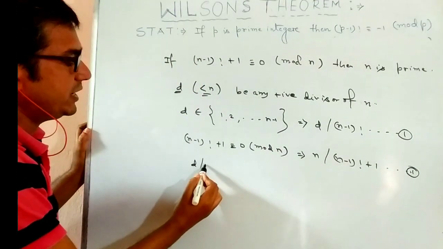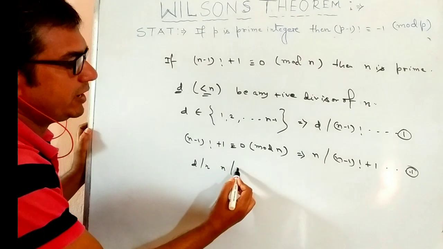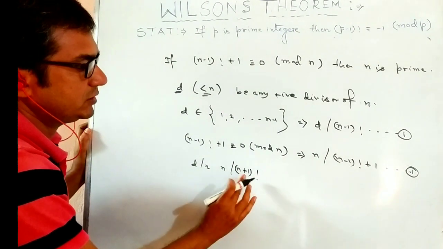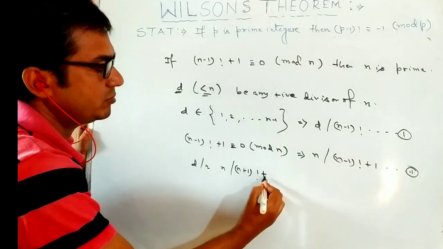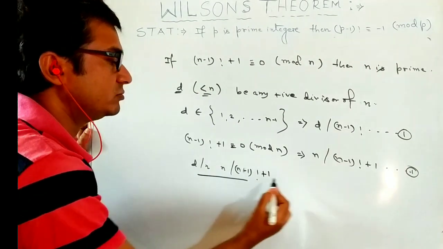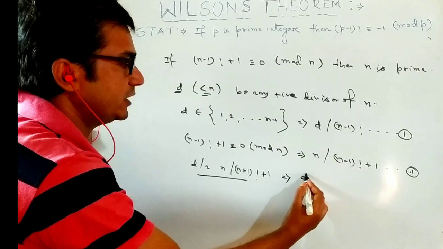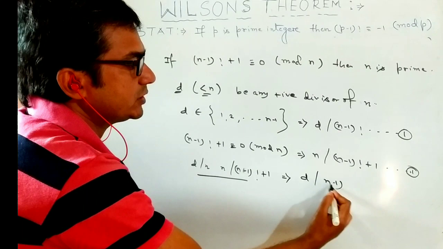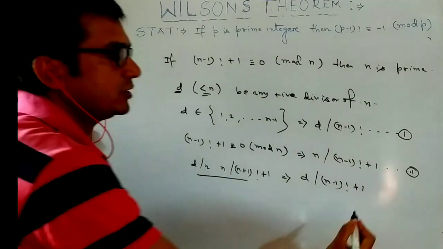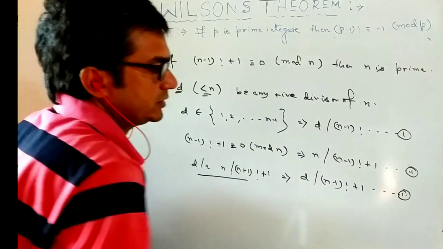Since d divides n and n divides (n-1)! + 1, from this we get d divides (n-1)! + 1. This is 3.